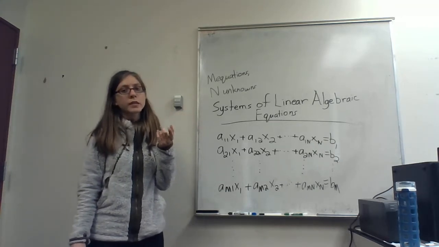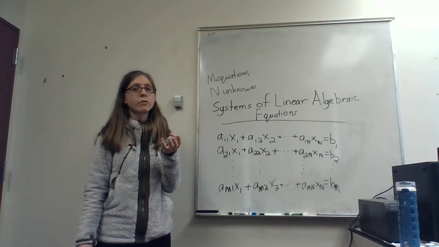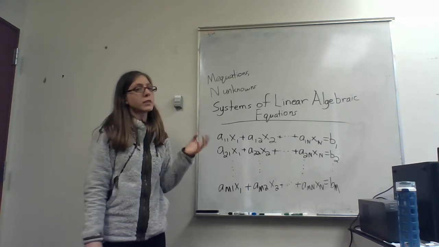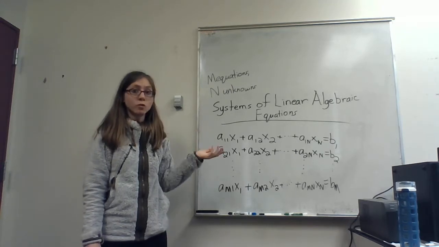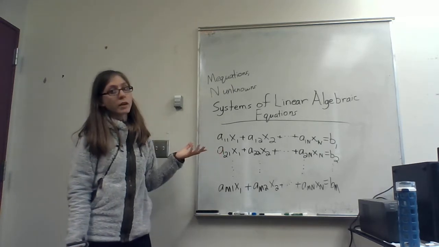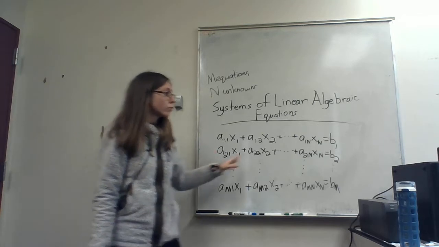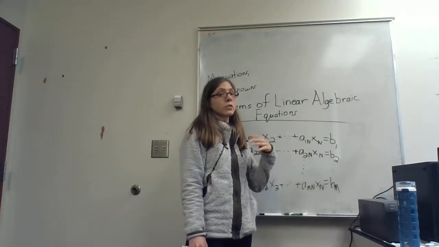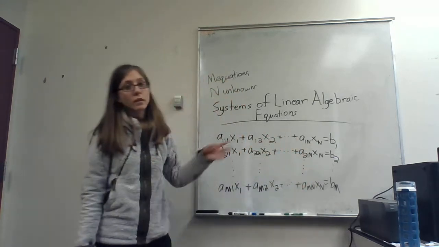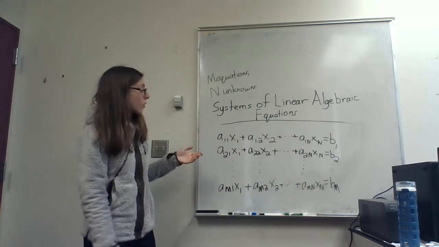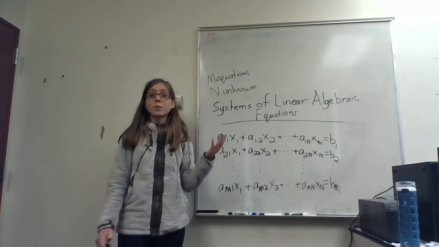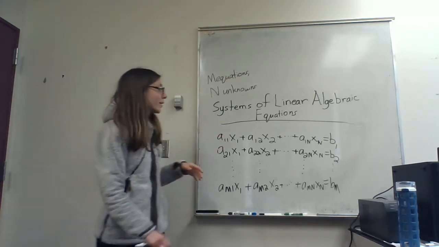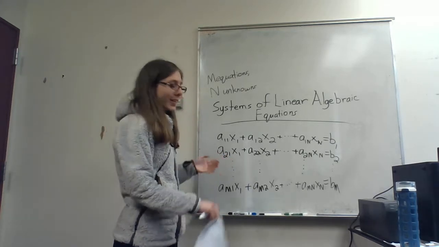If you were to linearize your differential equations and look for the steady state of the linearized model, that would be an example of a system of linear algebraic equations, because you have a linearized system and we were trying to say no time variations, derivatives are all 0, so then it's algebraic. Is it then reasonable to expect that you might ever need to solve systems of linear algebraic equations? Yes. So this is a good model to start looking at.